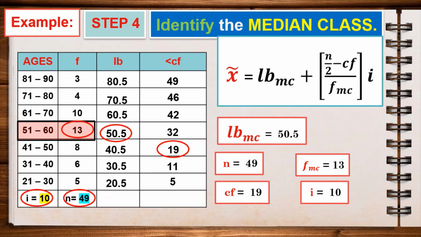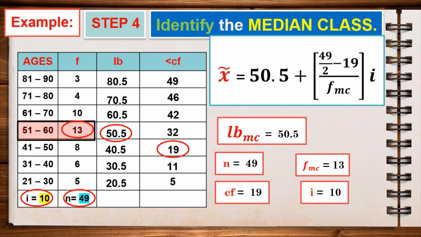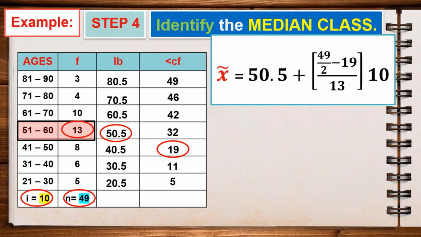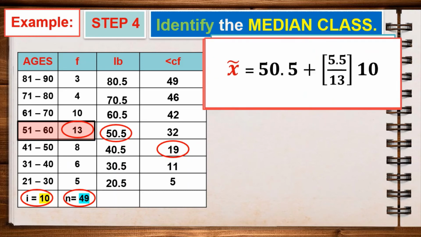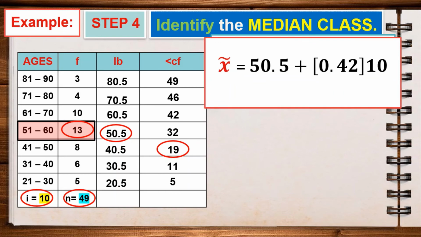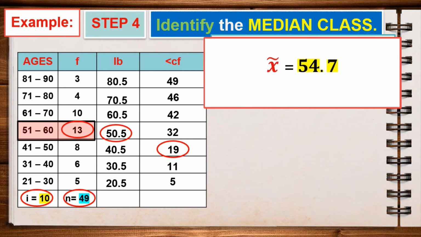So, that is 50.5, yung n, substitute sa 49, yung CF, 19, yung F, that is 13, and then yung I, 10. So, we will compute 49 divided by 2, that is 24.5, minus 19, that is 5.5, divided by 13, that is 0.42, and then times 10, that is 4.2. So, the median is 54.7.